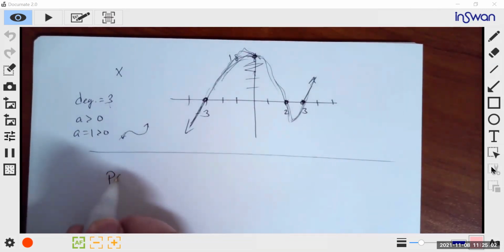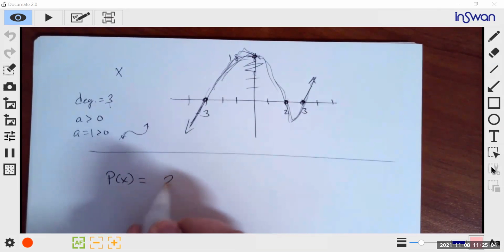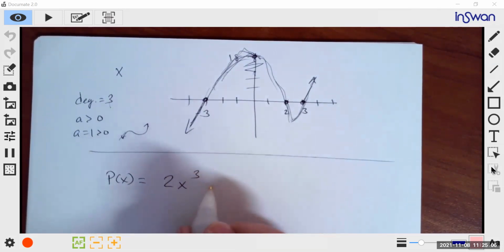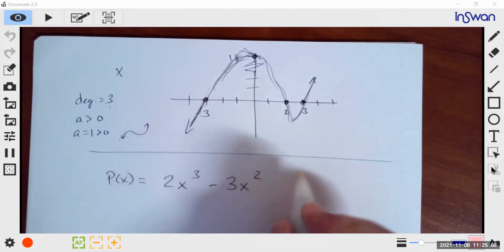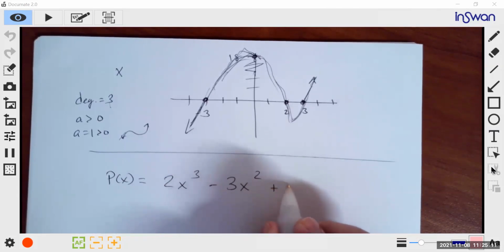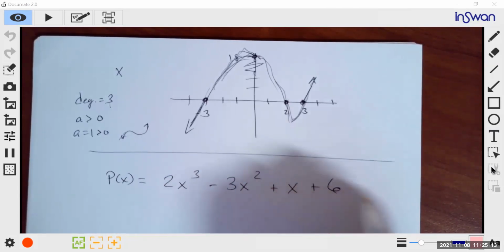All right, here's another polynomial. 2x cubed minus 3x squared plus x plus 6.